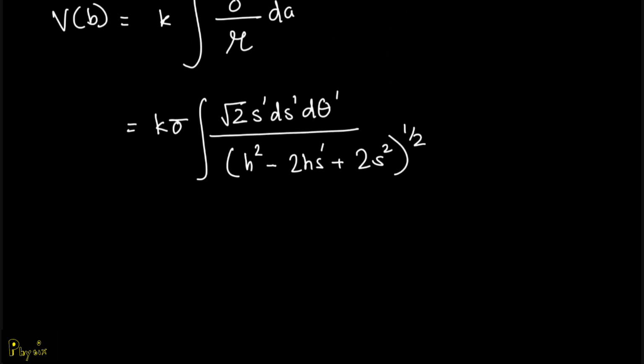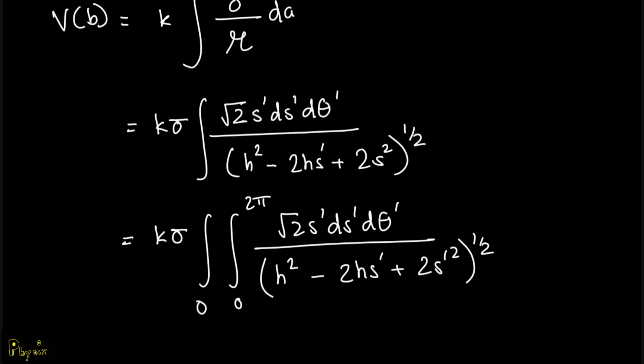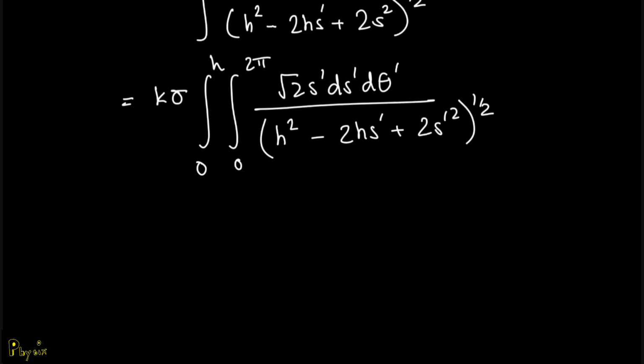Now this is a double integral, so I can write this down as the square root of 2 s prime ds prime d theta prime all over h squared minus 2h s prime plus 2s prime squared raised to the power 1/2. Now for the theta part, it goes from 0 to 2 pi, and for the s part, it goes from 0 to h, right? Just like in the previous case.